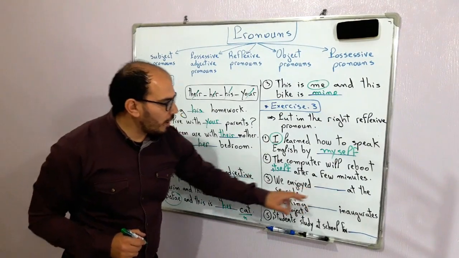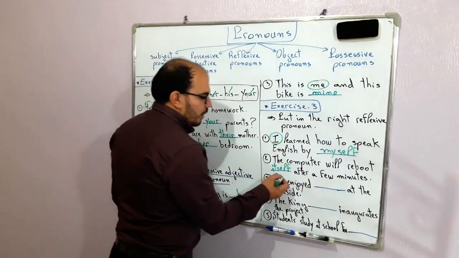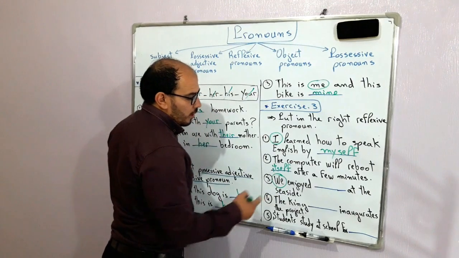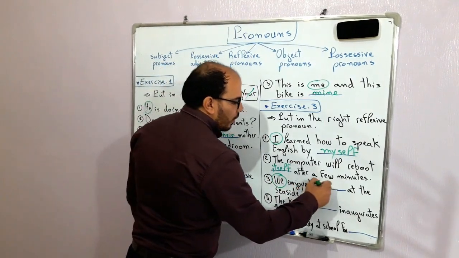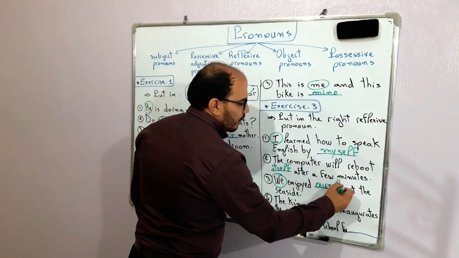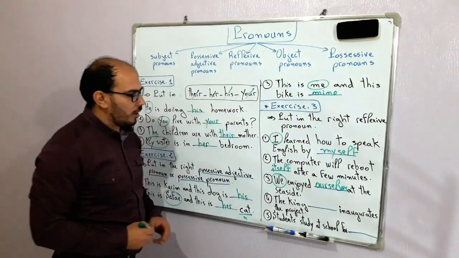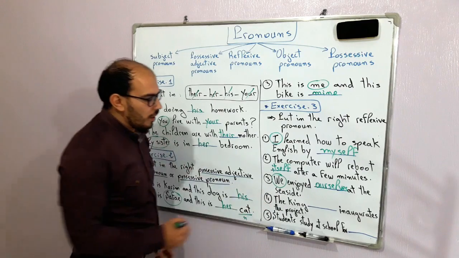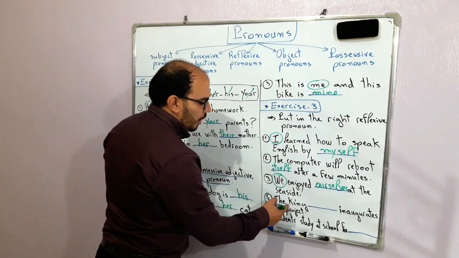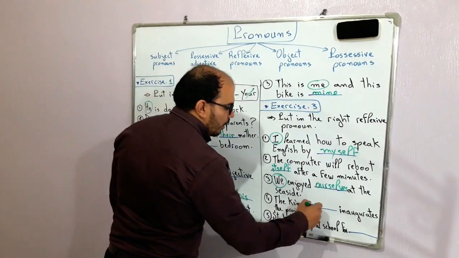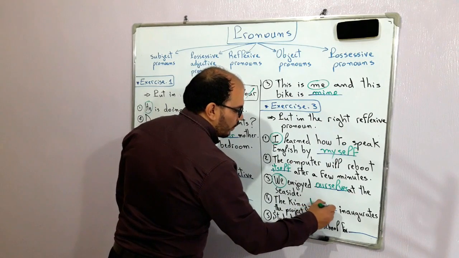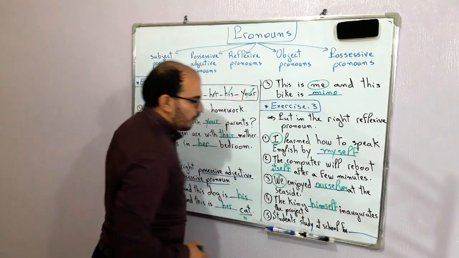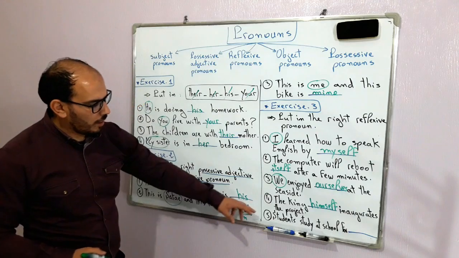We enjoyed at the seaside. In this case we are talking about we, so we enjoyed ourselves at the seaside. The king inaugurates the project. Here we have he, so the king himself inaugurates the project.